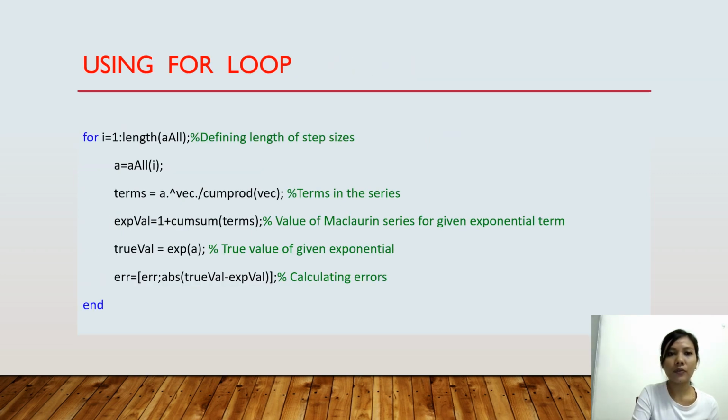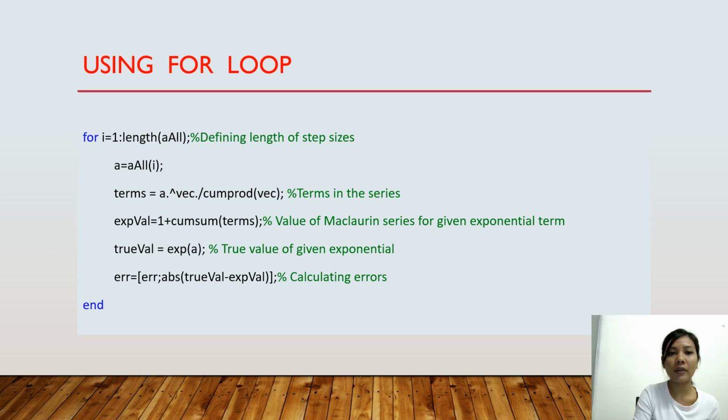Now using a for loop to complete this code. Here I have taken i equal to 1 to length of a_all. Here a_all is the different values of the step sizes that we have mentioned earlier. So a is a_all(i). That means we are taking all the different values of step sizes, and there are various terms that appear in the expression, which is a to the power n.